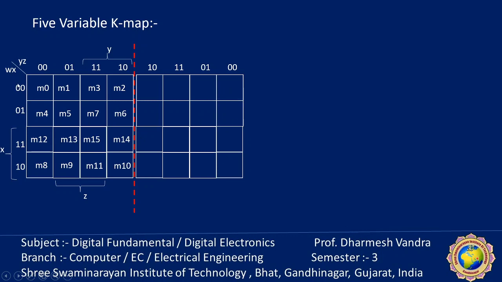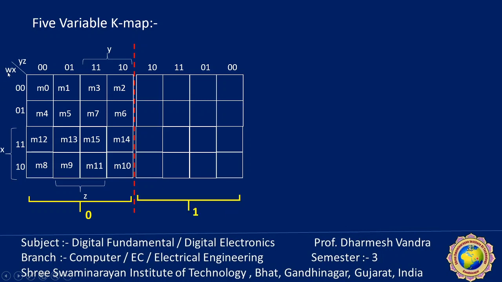So now there are four rows representing two variables, but the columns are doubled. That means we need to add another variable on the column side. The first four column combinations are represented by variable 0 and the last four combinations are represented by 1.